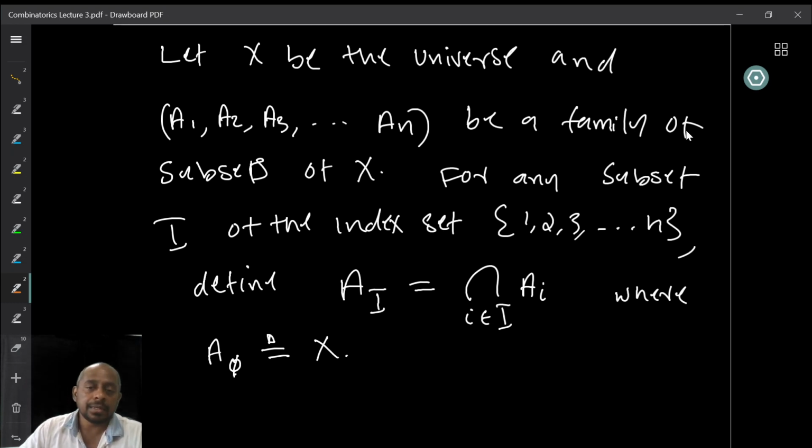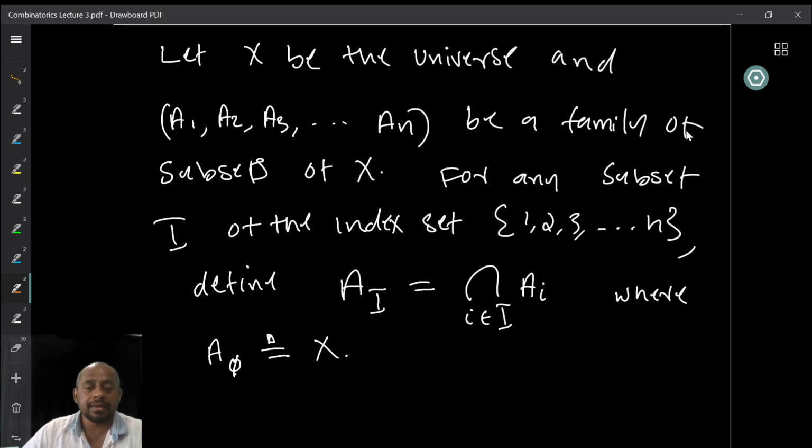Now, what happens when I is the empty set? Well, by convention, we define A subscript empty set to be the whole set, the universe X itself. Of course, some books follow a different convention, but for our purpose we will use this convention. The reason for the convention is kind of clear: when you take intersection of sets, the sizes only decrease.